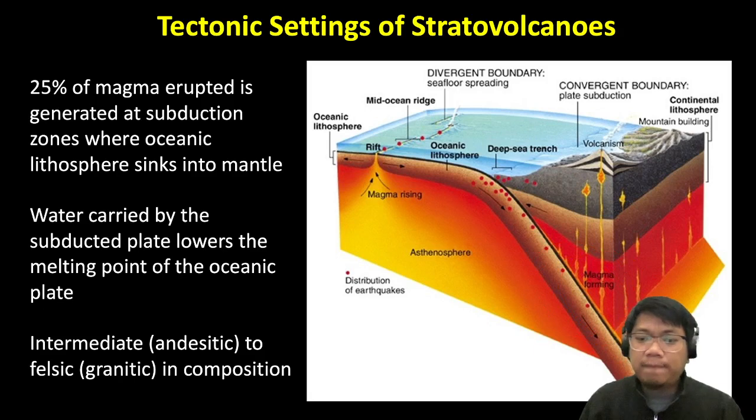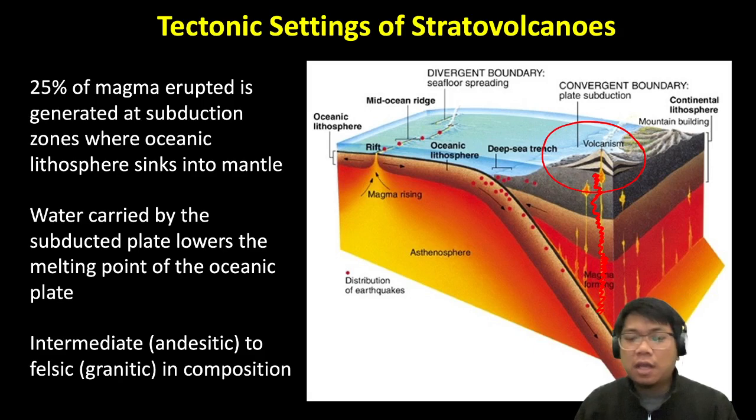The process produces melts, and the melts go towards the surface of the earth, and that is the reason why we have volcanic activity on the continental plate right in front of the deep sea trench, which indicates a subduction zone.